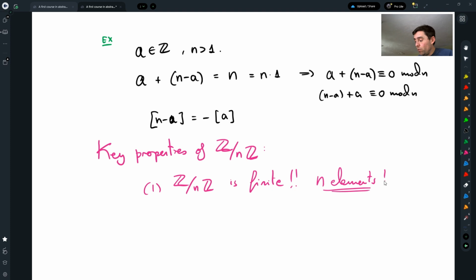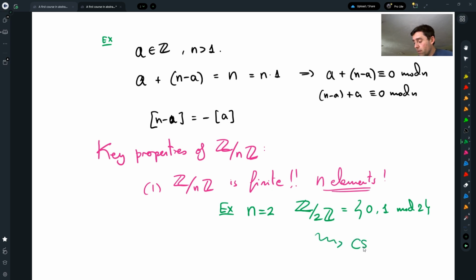And for example, even in the simplest of all cases, Z modulo 2, which is a set with exactly 2 elements, the congruence classes modulo 2, has found incredible applications in computer science and engineering, because the whole binary system, the bits in computers, follows this arithmetic.